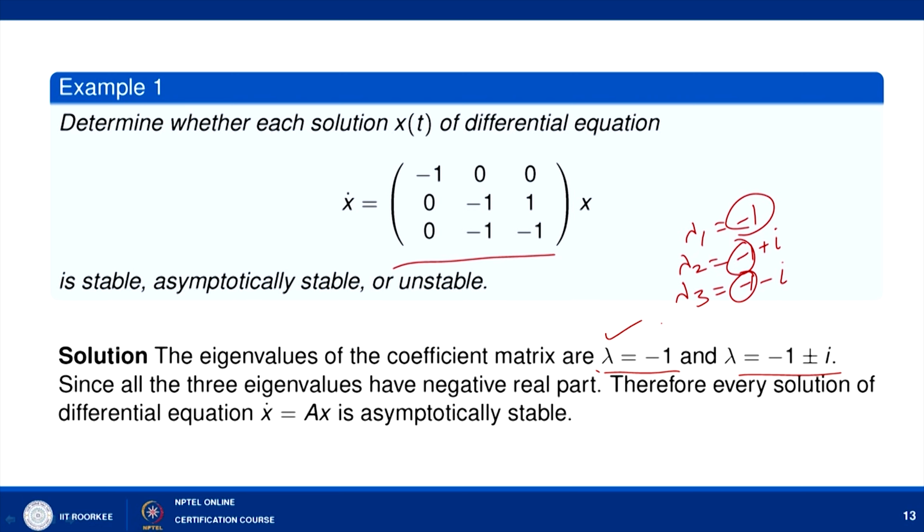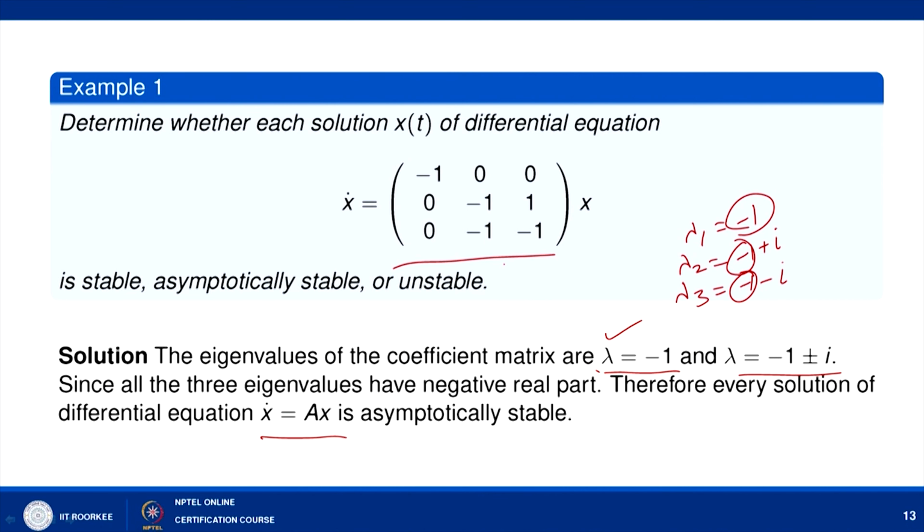So, we simply say that the 0 solution is not only a stable solution, but an asymptotically stable solution, and hence every solution of the differential equation x dash equal to A x, where A is this matrix, has to be asymptotically stable. Here I want to point out one more thing: if all the eigenvalues have strictly negative real part, then it is asymptotically stable.